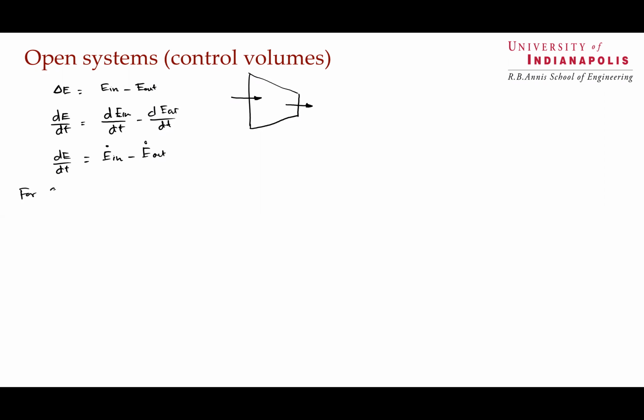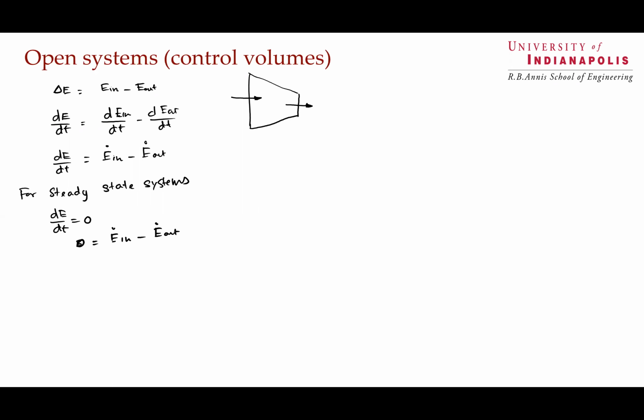For steady state systems, dE over dt equals 0 because time derivatives of properties are going to be 0. So we have 0 equals E dot in minus E dot out.